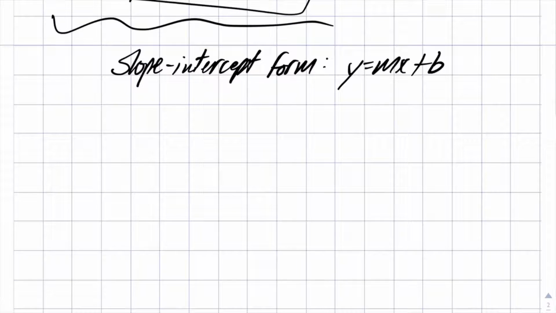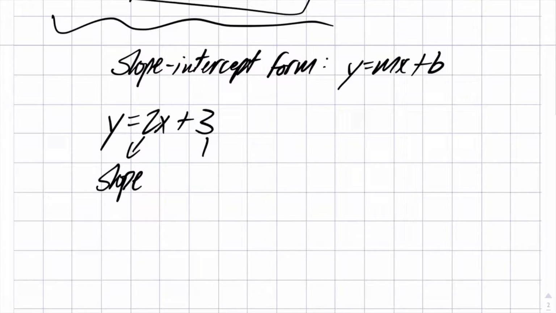So let's take an example. y equals 2x plus 3. 2 is our slope. This is our y-intercept.